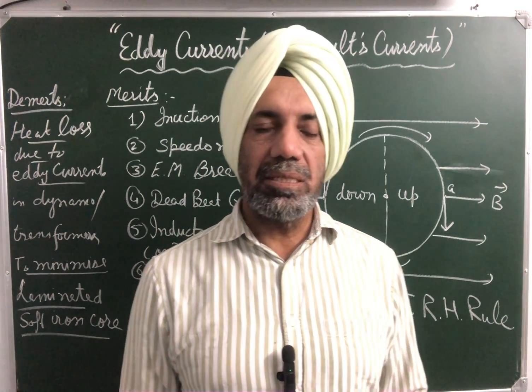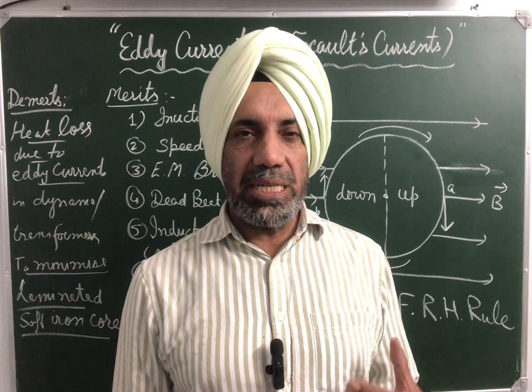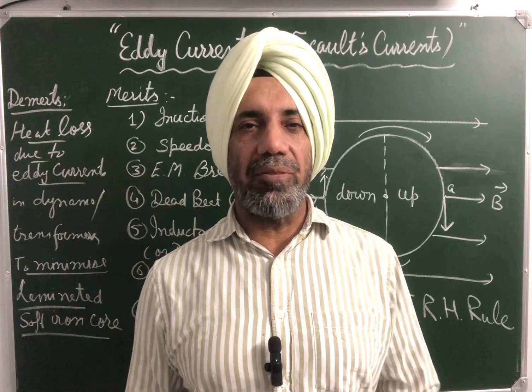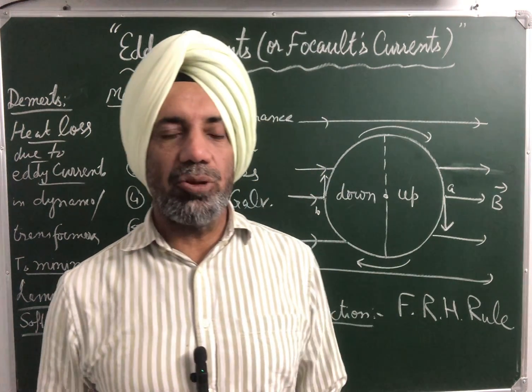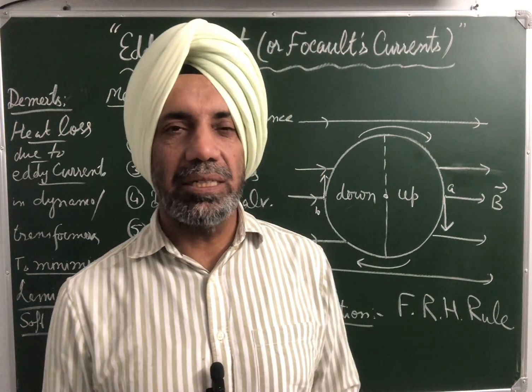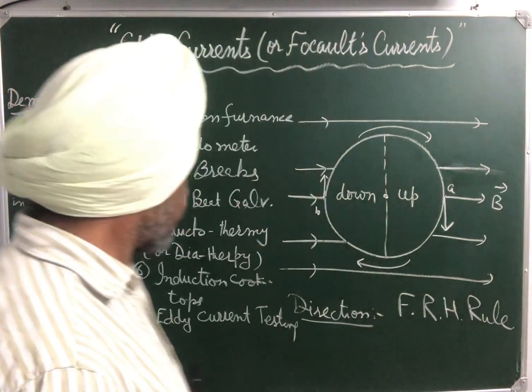Because our body is also a good conductor of electricity, when the body is kept in a rapidly changing magnetic field, eddy currents are produced in our body which heal the tissues due to heat, and the patient gets relief from pain.